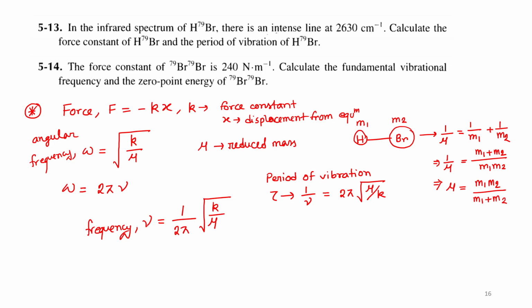See, how is frequency related to wave number? I always remember it like this: delta E is hc by lambda and also h nu, right? So we can always relate it by this. Frequency is velocity of light by lambda, and 1 by lambda is your wave number.